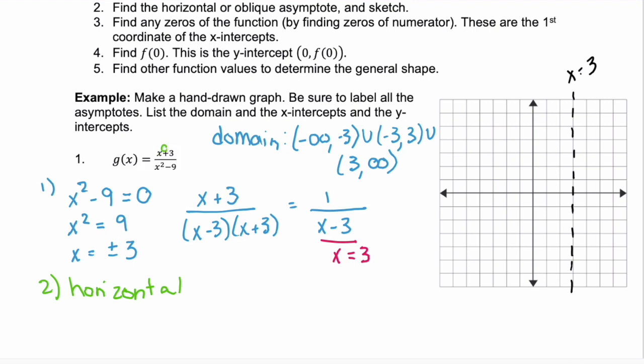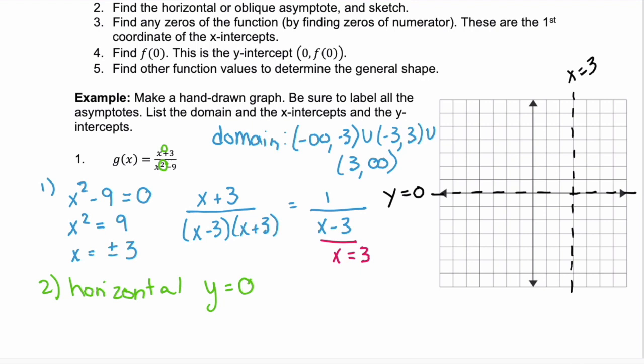We have a degree 1 in the numerator and a degree 2 in the denominator. So if the numerator is less than the denominator, y equals 0 is going to be your horizontal asymptote. So again, let's do that in this dotted black line. So this is y equals 0, which is going to be your horizontal asymptote.